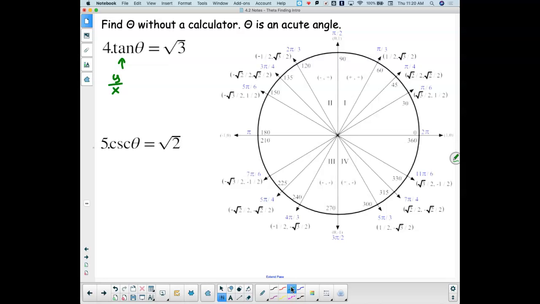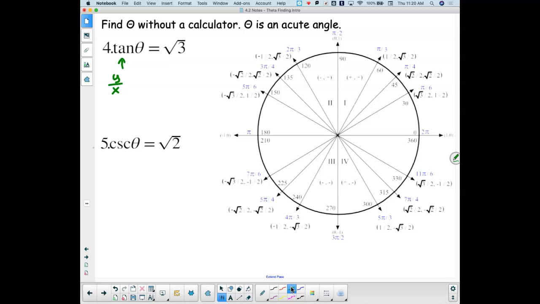So I'm down to either pi over 3 or pi over 6. Okay? So if I try 1 and I get the square root of 3, I got it. If I try 1 and I get 1 over the square root of 3, it's the other one. So you're saying pi over 6? Is that what everybody's saying? Or are we throwing out pi over 6?